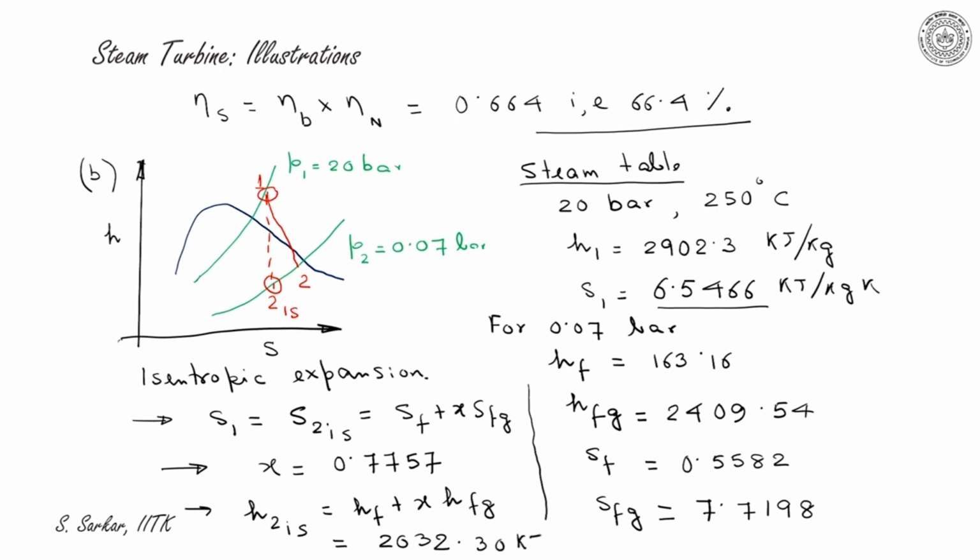That's what I have done here. I have considered inlet pressure and exit pressure, which is the condenser pressure. From the steam table, I have got the values of H1 and S1. Considering isentropic expansion, I have calculated the dryness fraction at the end of isentropic expansion, and from there I have evaluated the enthalpy at the end of isentropic expansion.